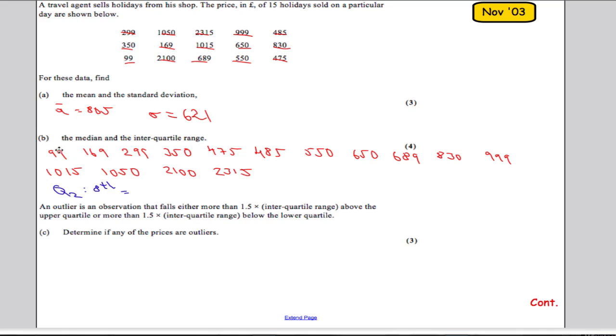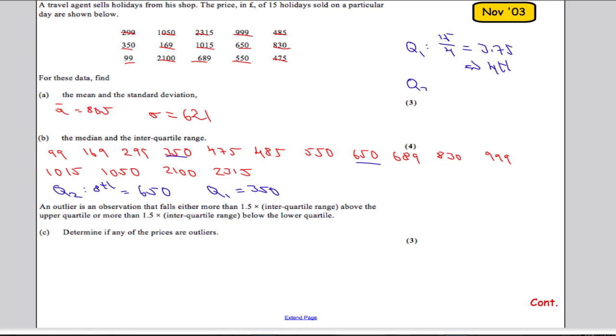So counting along, 1, 2, 3, 4, 5, 6, 7, 8. So that's our 8th value, 650. Q1 we find by doing 15 over 4, which gives 3.75, which means we're going to choose the fourth value, because we always round up. So 1, 2, 3, 4, Q1 equals 350.